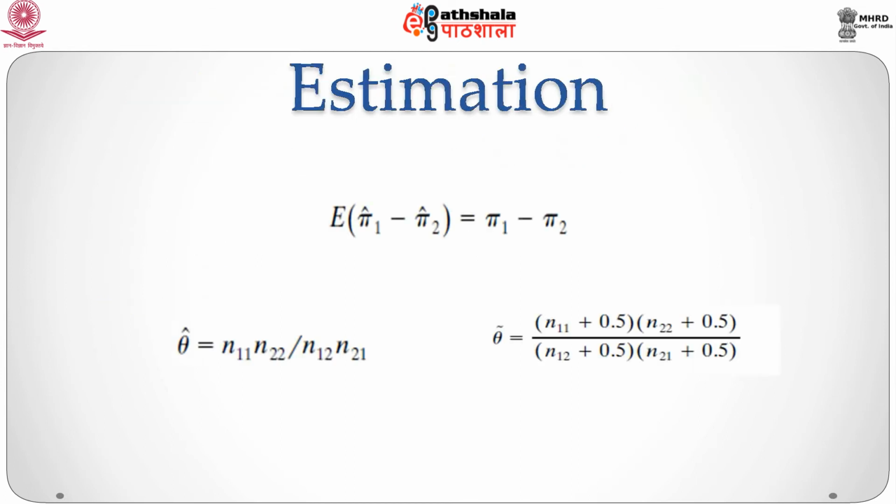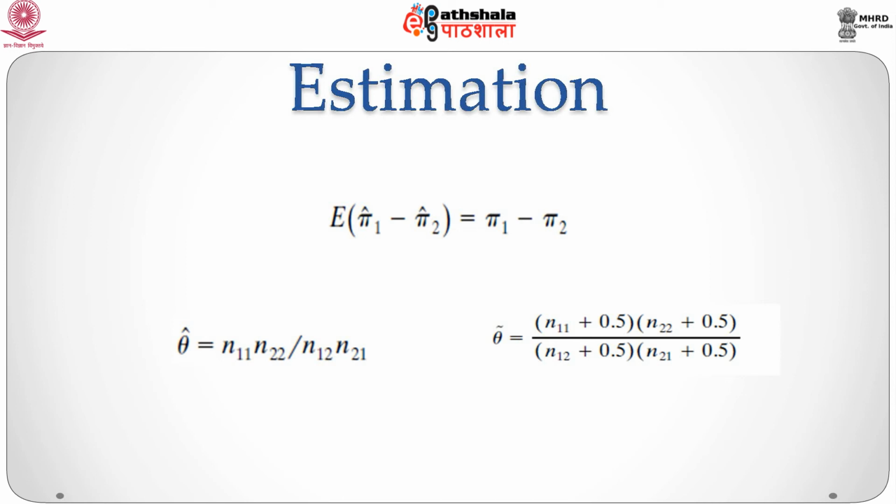Let us come to the problem of estimation. Now, the risk difference is something you will have seen earlier in the context of trying to conduct a test of the difference of two proportions from two independent samples. So we know that in this case we have pi1 hat, pi2 hat as the corresponding sample proportions, and we know that this is unbiased for the population difference of proportions.